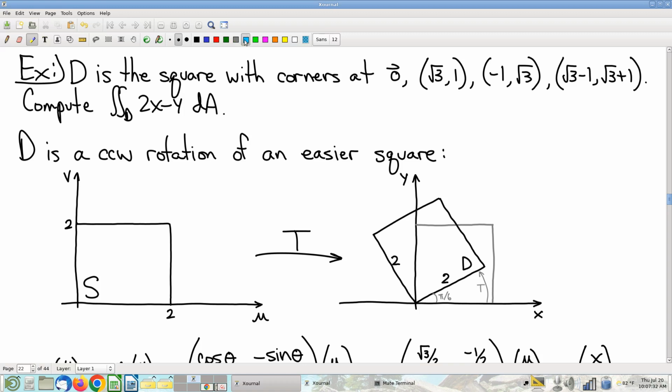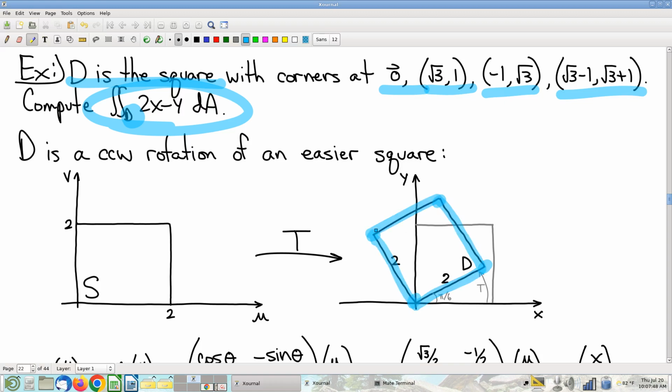We're going to start off needing to compute an integral on a domain that's a square with corners at certain locations given in the xy plane. Those are those four locations, and here then is the resulting square. I want to do an integral on this square.